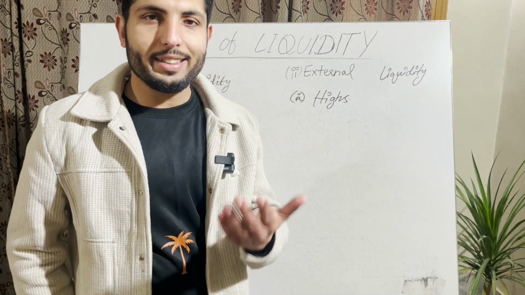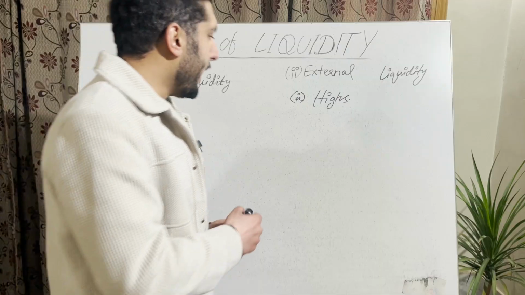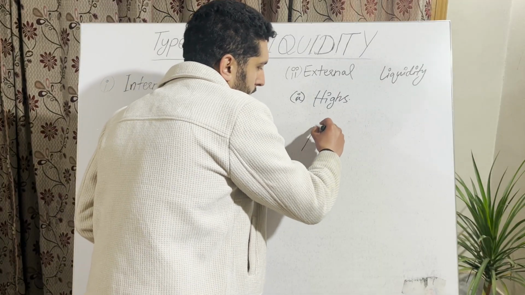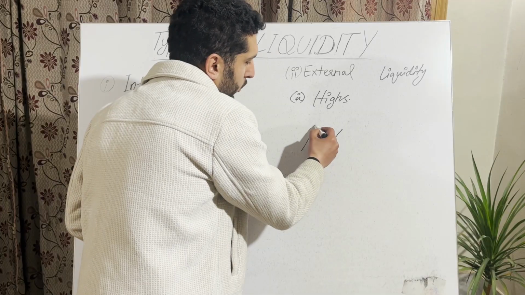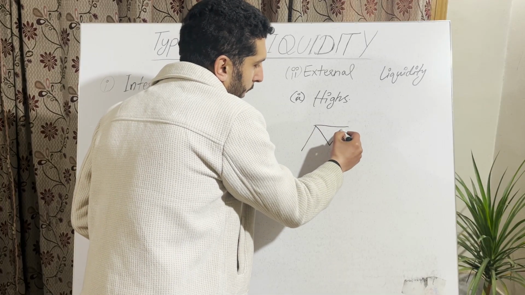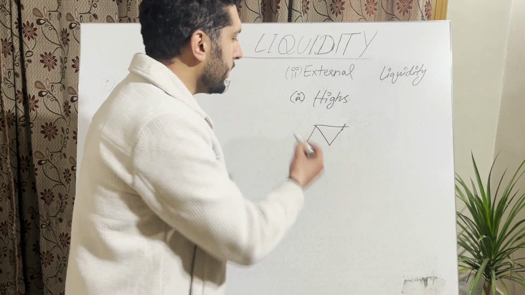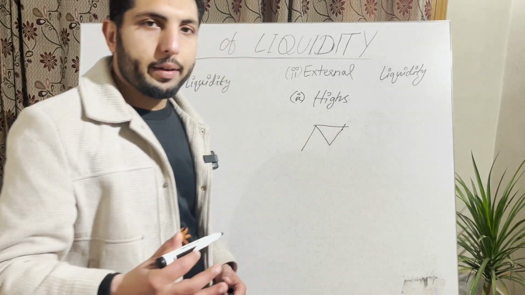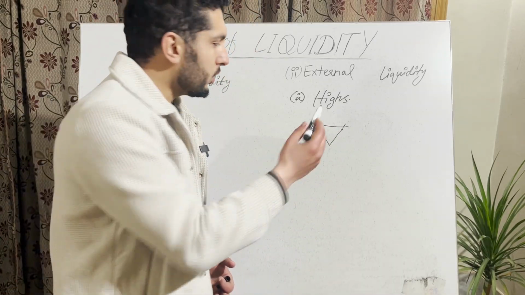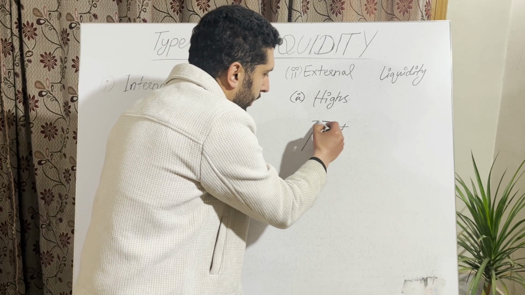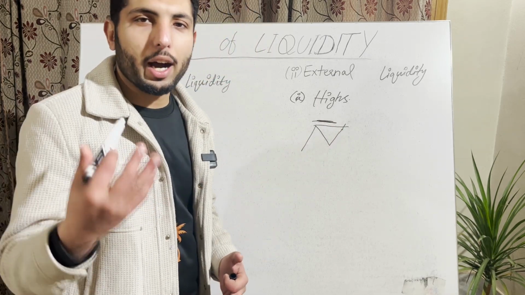So what the market does, let's suppose this is a high. When the market comes again to this point, the market goes a little above the high. And why does the market do that? Because it knows that there is resting liquidity above the highs.